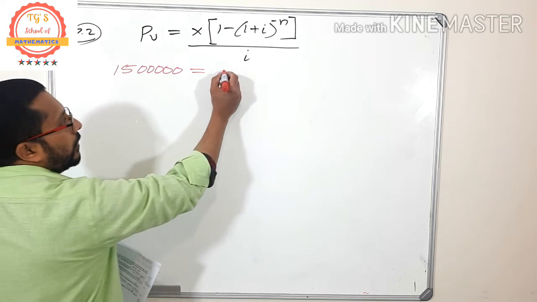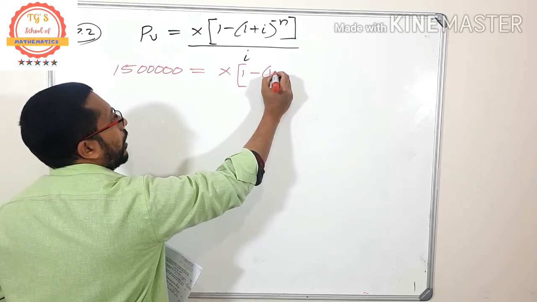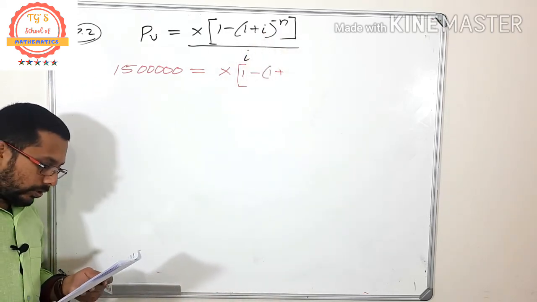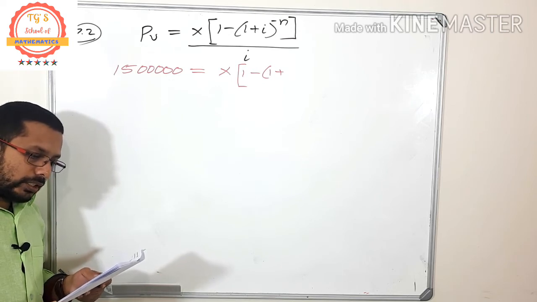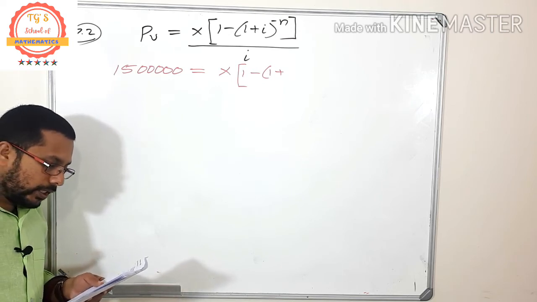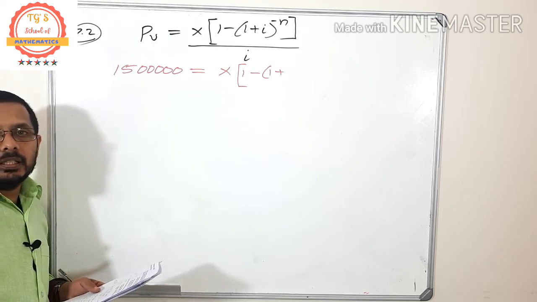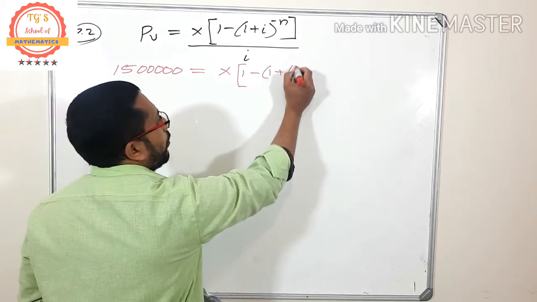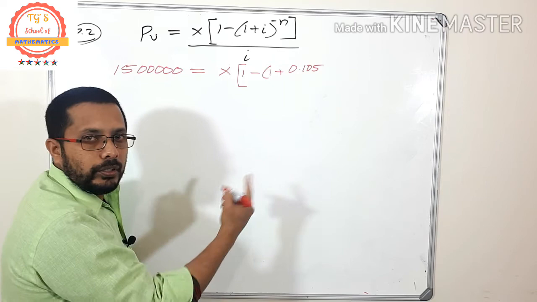So we can leave that x as it is into 1 minus 1 plus i. What is i? Interest rate. Look at the question. If interest is charged at 10.5% per annum compounded monthly. 10.5 means 0.105, that is 10.5 divided by 100.